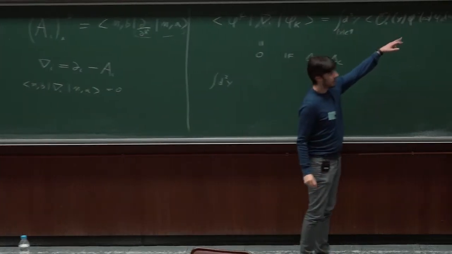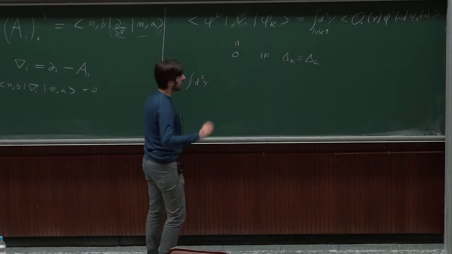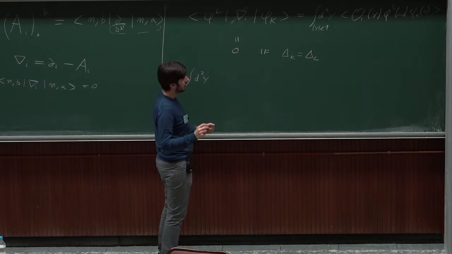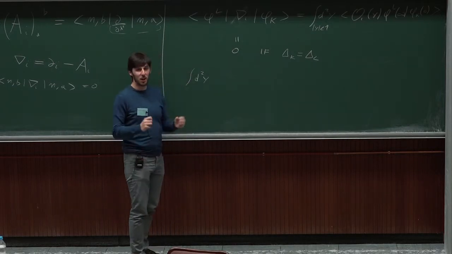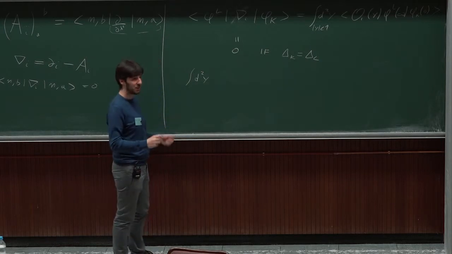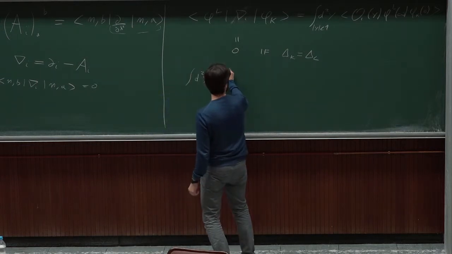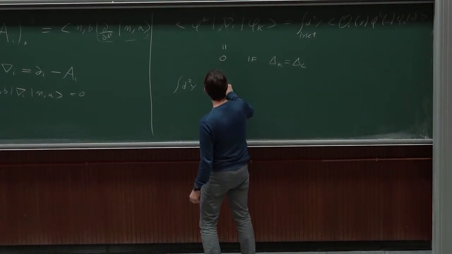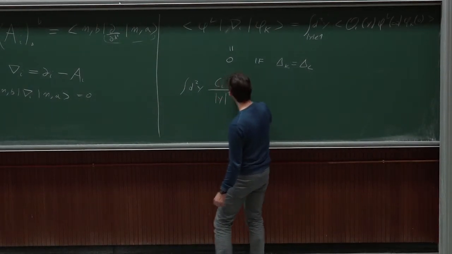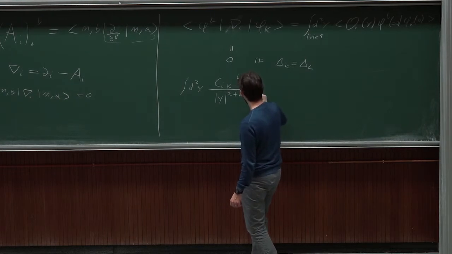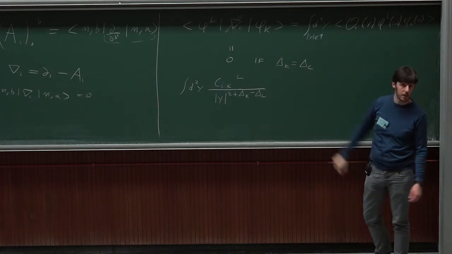when delta k is not equal to delta L. Since I see that you don't seem super confident that what I'm saying makes sense, let me do this explicitly. So this would be C_ikL, then I have the separation y to the power 2 plus delta k minus delta L. Right, this is this 3-point function here.